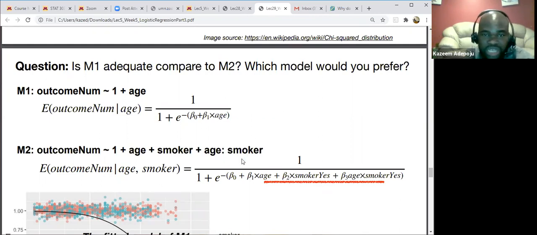This will enable you to estimate the contribution of the main effects, age and smoker, and it's also going to enable you to estimate the contribution of the interaction effect. So the logistic regression model for this is this, and the logistic regression model for this is this.